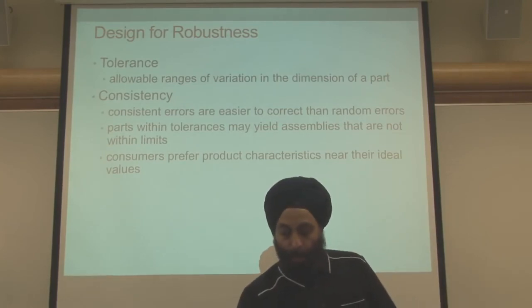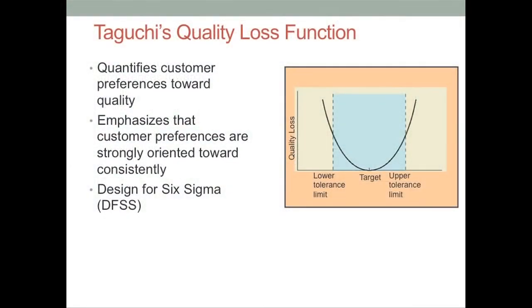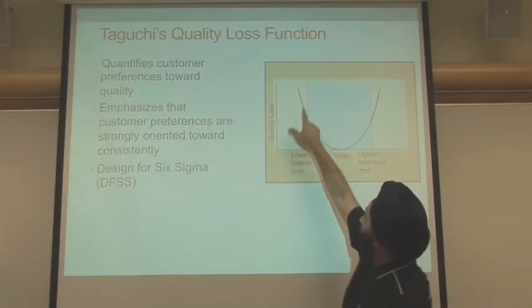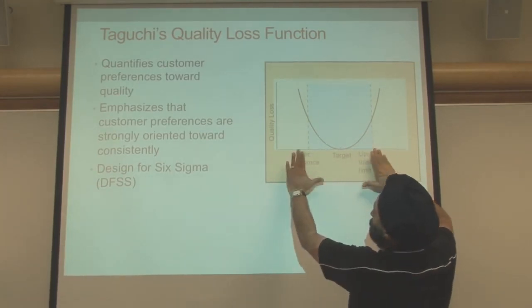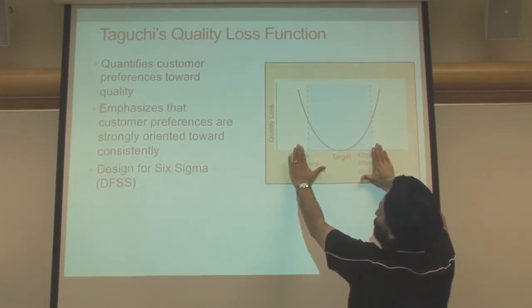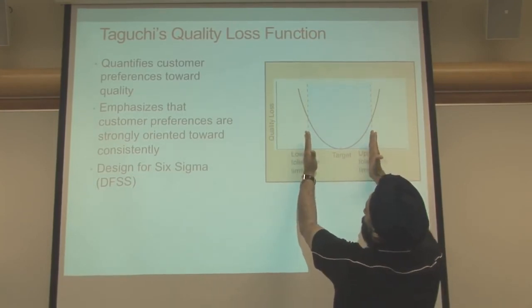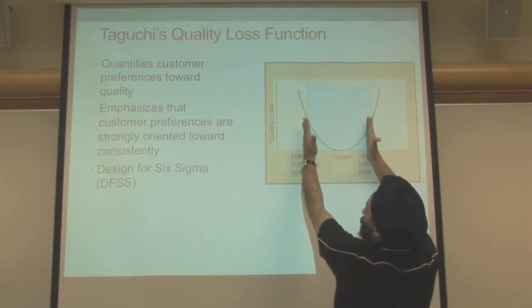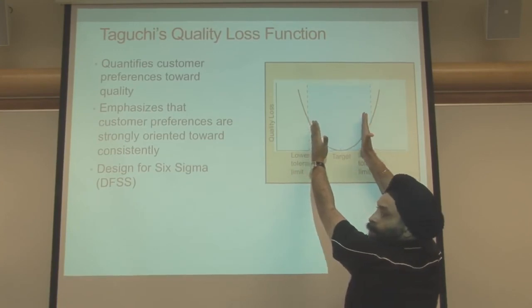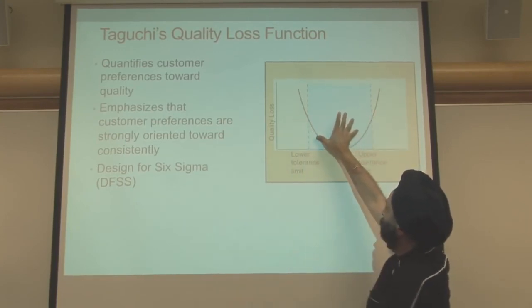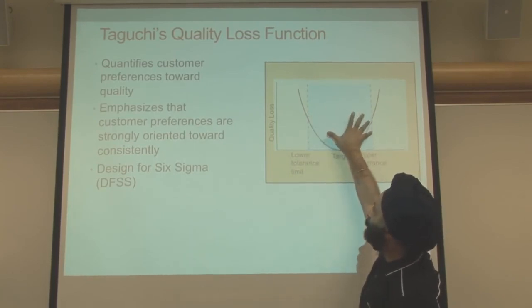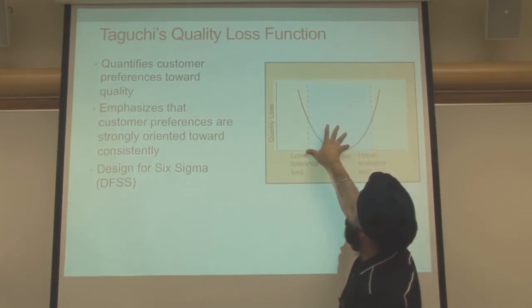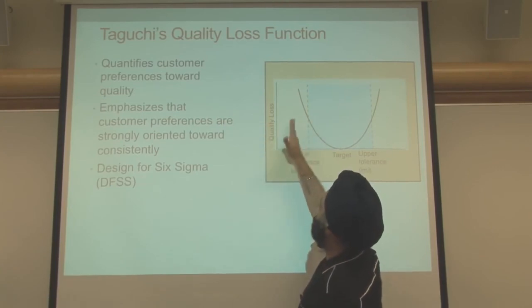So one tool, and the last slide that we'll be focusing on over here, is the Taguchi loss function requirement. So if you look at it, traditionally the quality loss is defined by lower tolerances and upper tolerances, so the customer would like everything between this area, and as long as traditionally you stay within this shaded zone, the customer is willing to accept the product, but outside that, the customer will reject it.